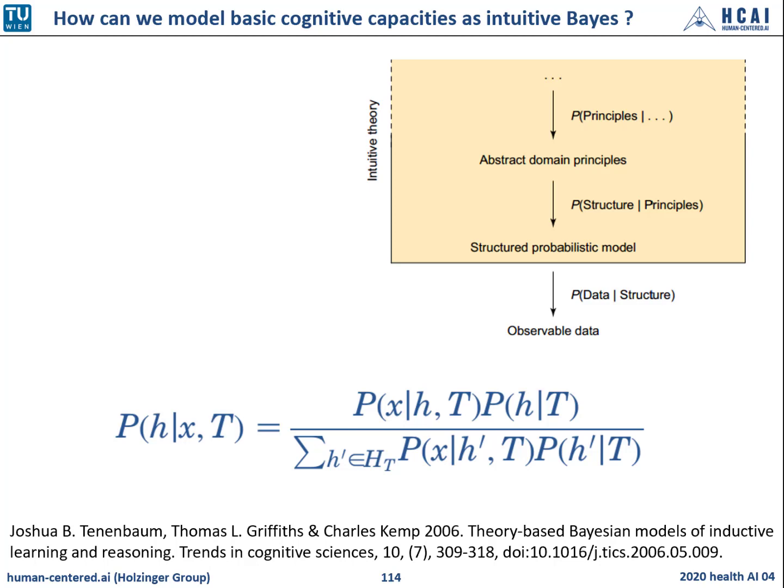How can abstract domain knowledge guide learning of new concepts, for example? Or how can abstract domain knowledge be learned? Or what conceptual resources must be built in innately, as a big question? Or how do mechanics of statistical learning and inference interact with and operate over structured symbolic knowledge?